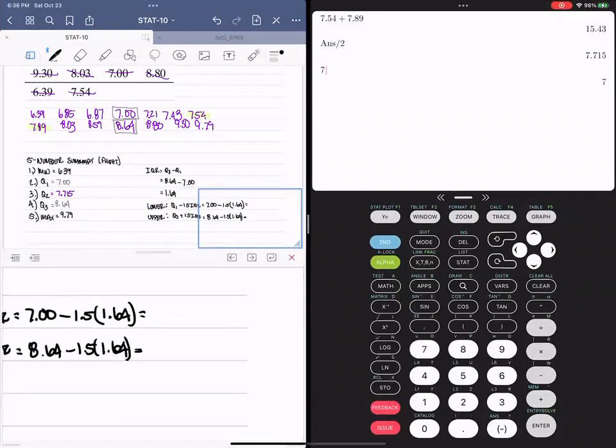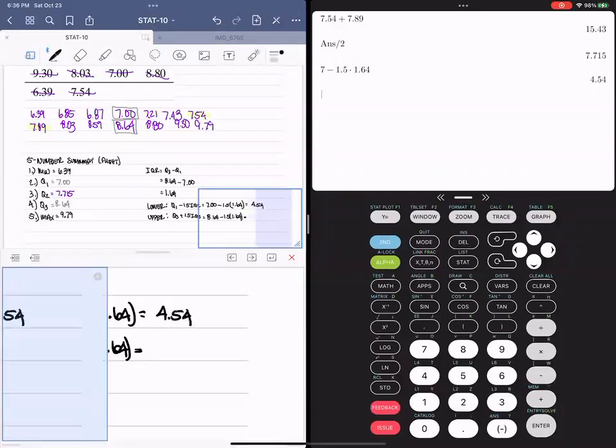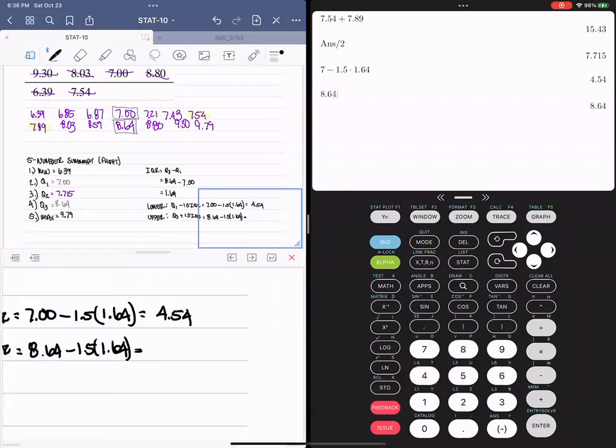Starting with 7 minus 1.5 times our IQR 1.64, that gives us 4.54. Now for our upper fence, 8.64 minus 1.5 times our IQR 1.64, and that gives us 6.18.